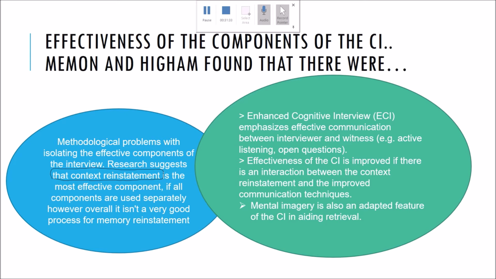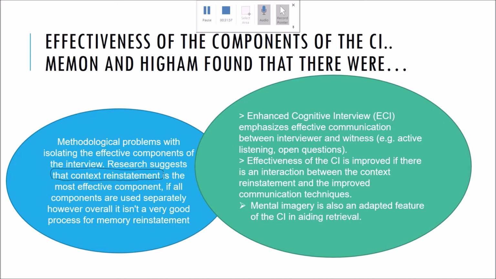Firstly, on effectiveness, they say there are a lot of methodological issues in actually being able to isolate the components of the interview in order to see how effective they are.